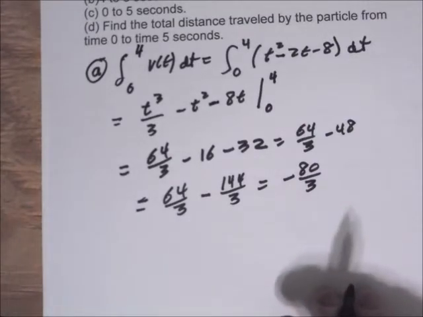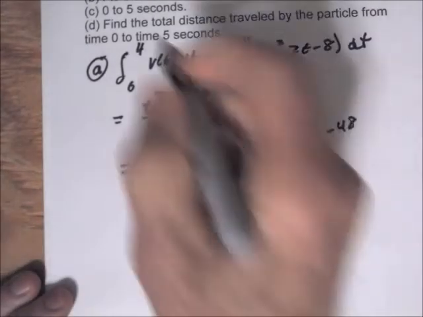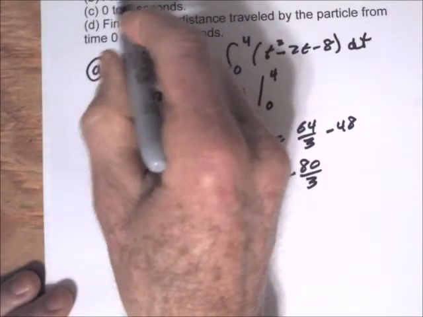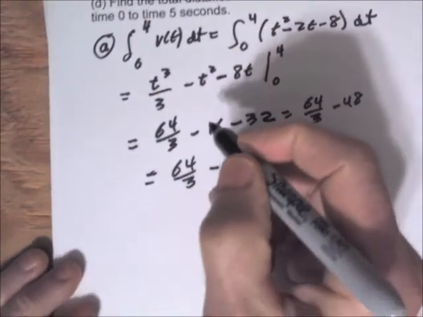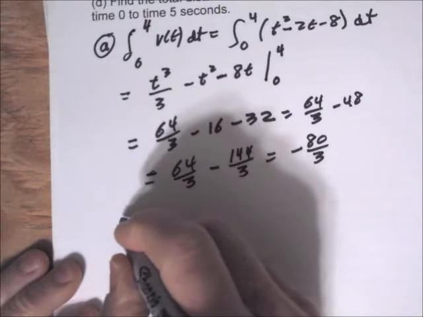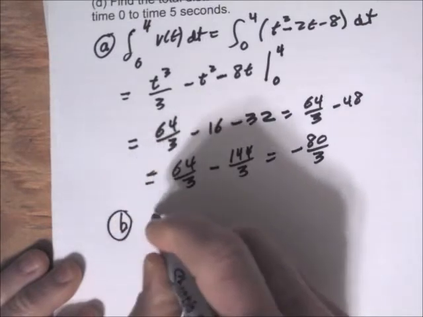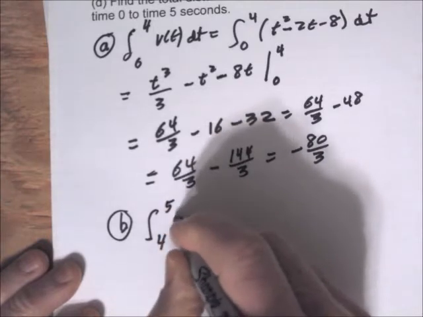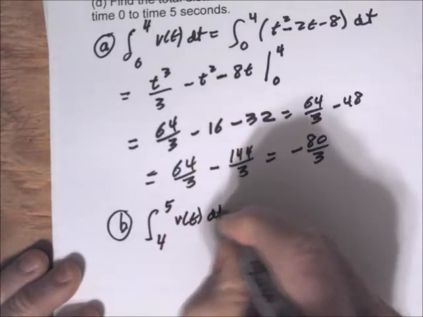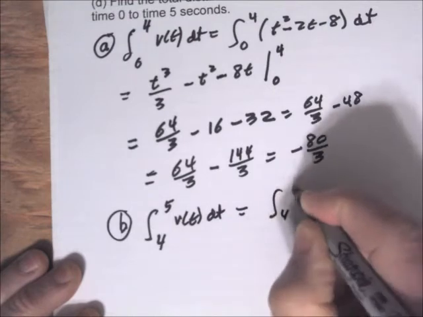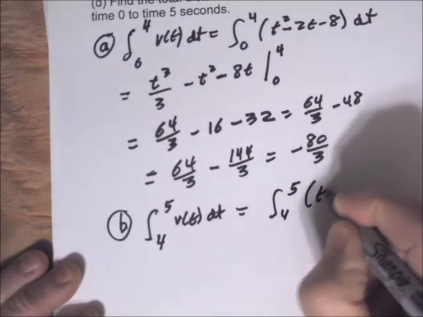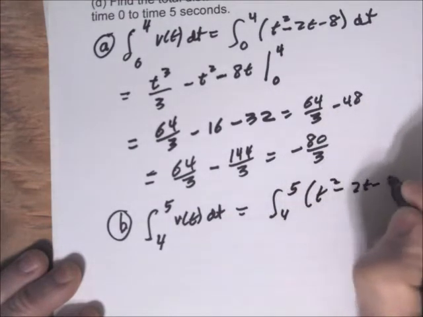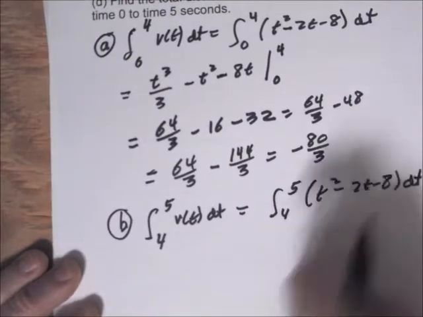Okay, part B, the net change from 4 to 5 seconds. The integral from 4 to 5 of v of t dt. Integral from 4 to 5 of t squared minus 2t minus 8 dt.